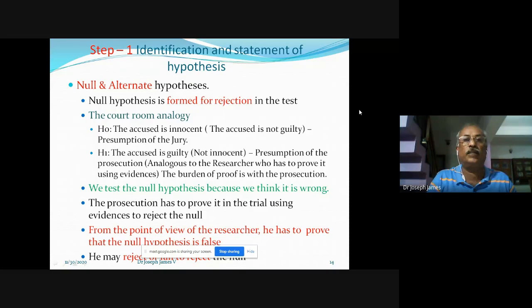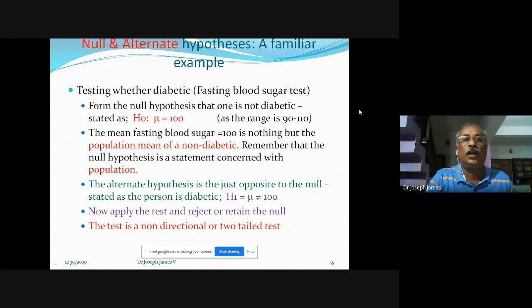First of all, in the first step, you have to state the null hypothesis and the alternate hypothesis. Let us consider a very familiar example. For the purpose of testing fasting blood sugar to know whether one is diabetic or not, we form a null hypothesis that one is not diabetic.